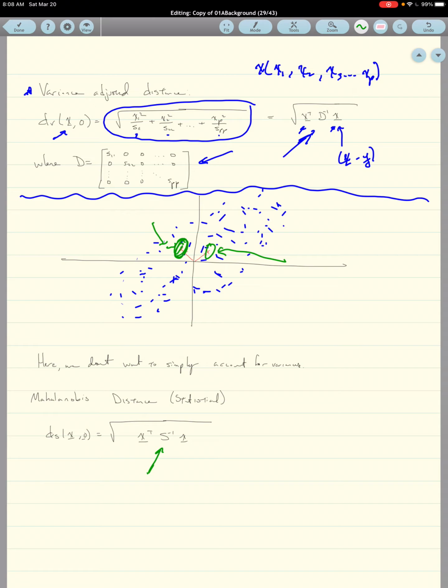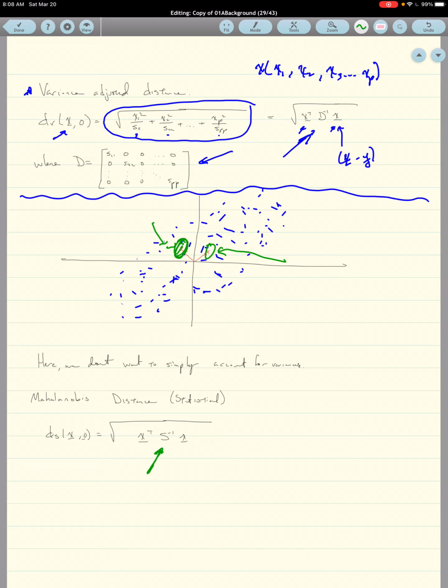But regardless, it's a positive definite matrix. And we can define a distance this way, and it's going to meet our rules of distance because it's always going to return a positive number, because that's what it means to be positive definite, right? And so this is what we're going to term statistical distance.